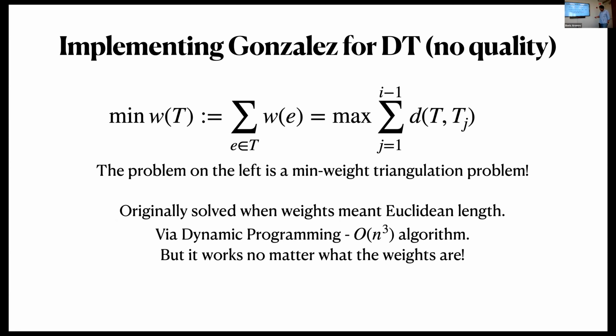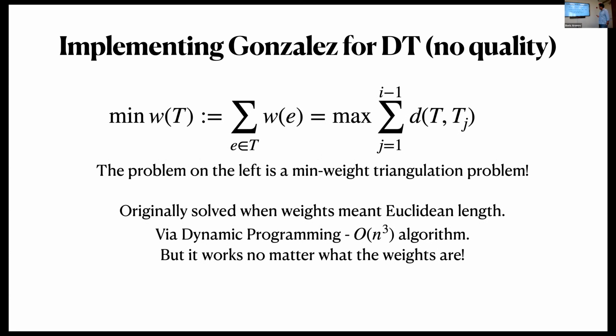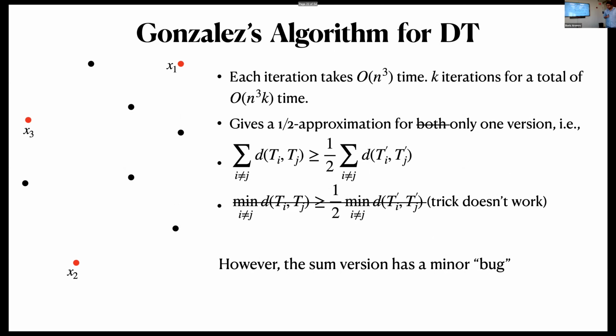Here, my weight of an edge is some integer, so I can still plug it into this algorithm. That algorithm is a dynamic programming algorithm. It runs in time n cubed, and it computes the minimum weight. So that gives us the solution for the diverse triangulation problem without any quality constraint, and it gives a half approximation only to the sum version.